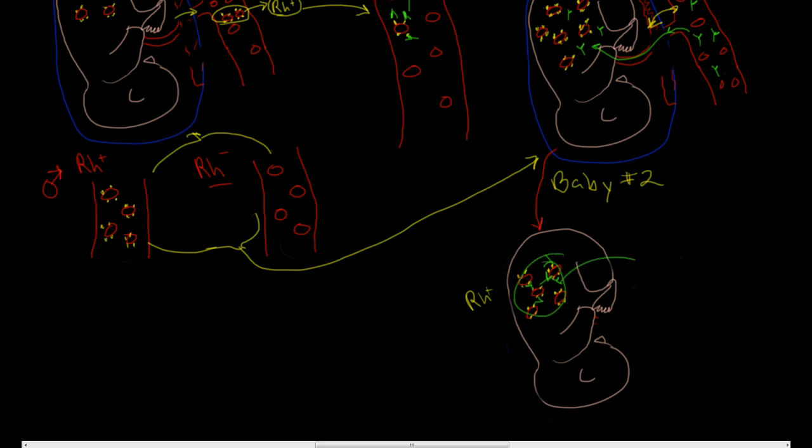So we end up with hemolysis in baby number 2. Now, this all could be prevented.